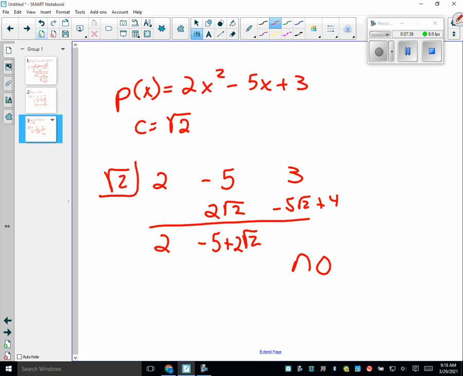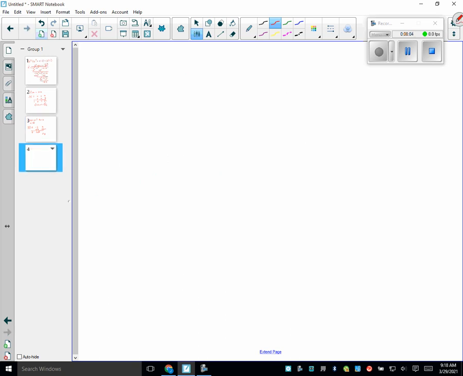Okay. Now it says, use the factor theorem to determine if it is a factor. This one is, which means we do the exact same thing. It looks a little different because I have this.